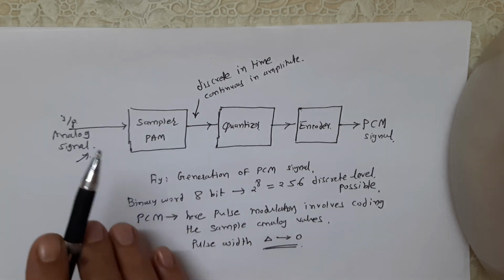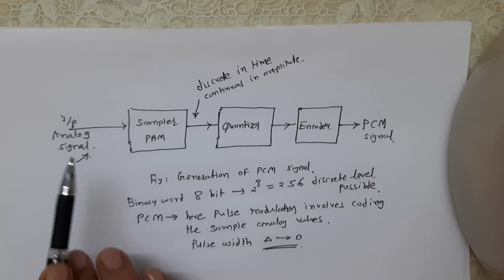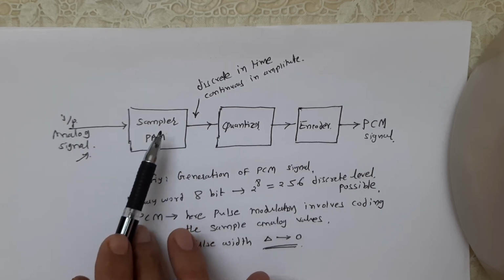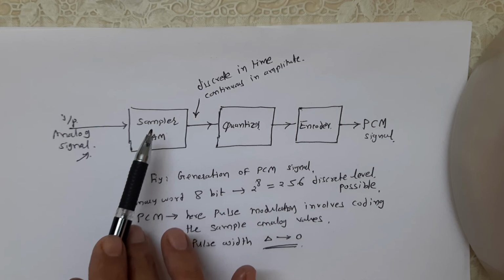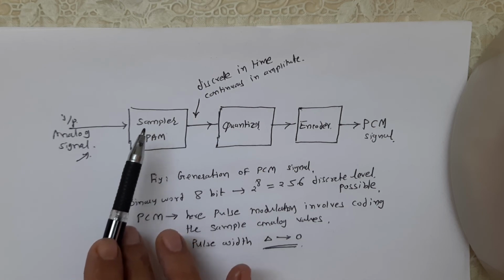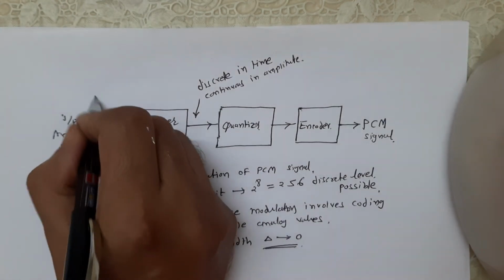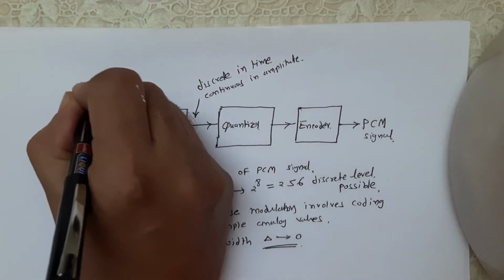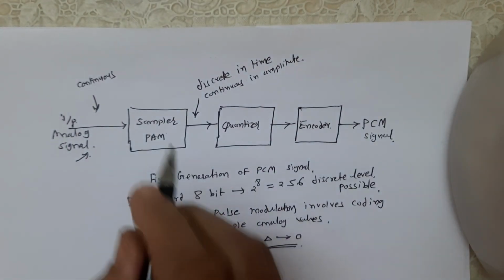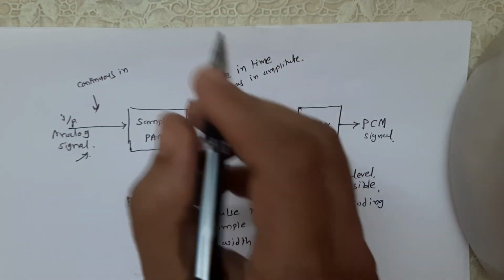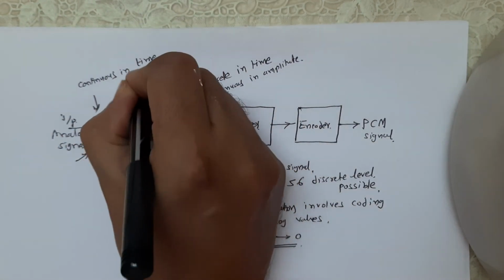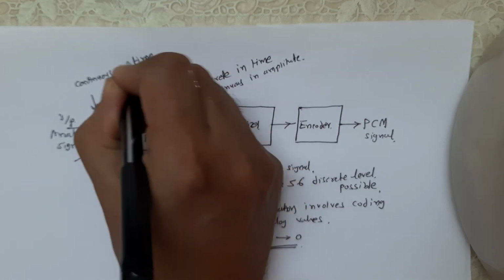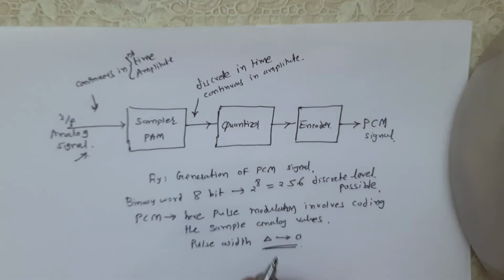We are applying the analog signal to the input of the sampler, PAM. The sampler block essentially performs the PAM process, and the only difference is the pulse width delta tends to 0. The input signal is continuous in time and amplitude.